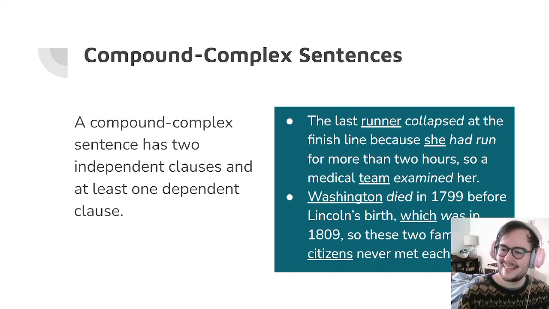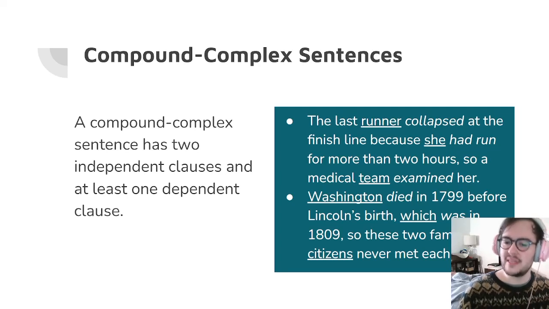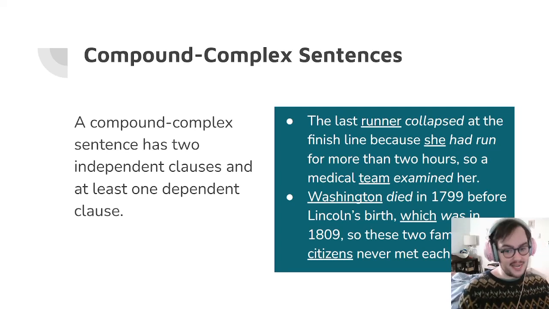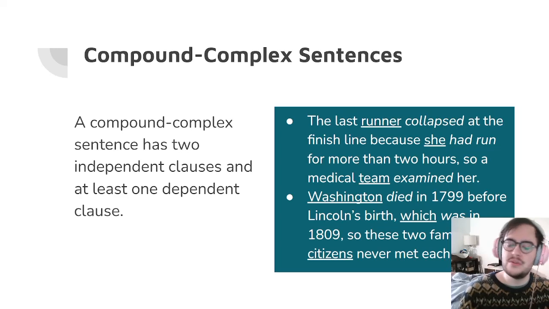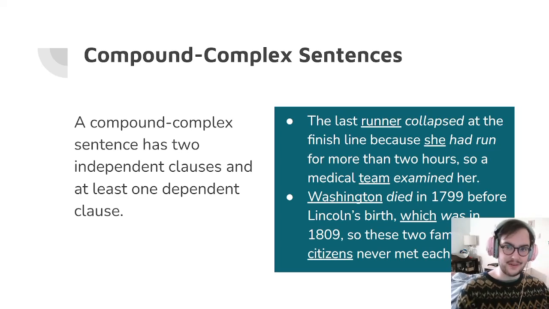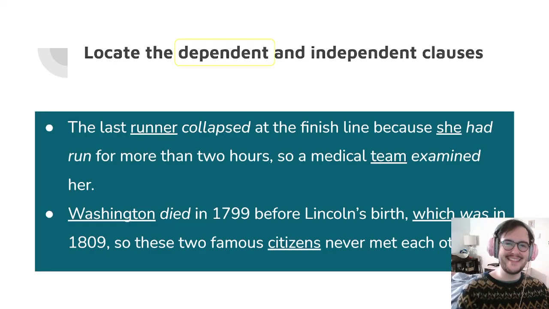Washington died in 1799 before Lincoln's birth, which was in 1809, so those two famous citizens never met each other. Let's take a look. Pause if you need to. See if you can locate the independent clauses and the dependent clauses. I'll show you the answers now.